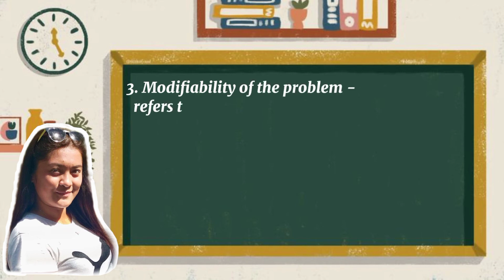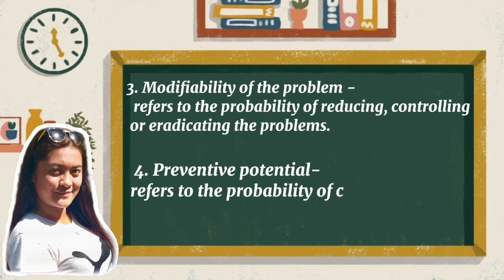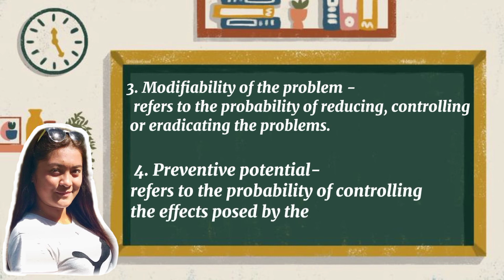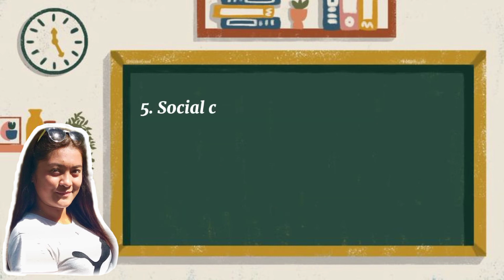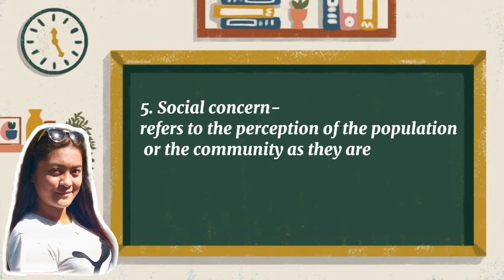Modifiability of the problem refers to the probability of reducing, controlling, or eradicating the problems. 4. Preventive potential refers to the probability of controlling the effects posed by the problems. 5. Social concern refers to the perception of the population or the community as they are affected by the problem.